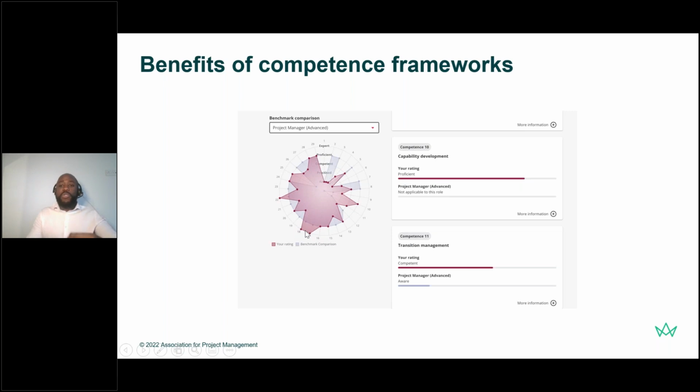But this is a great way as well to find out the skills you need to improve on and take a course in those skills to then show your employer, I took the APM competency framework. I saw that I needed help in my capacity development and I addressed it in this way. It gives you a perfect answer to that question of tell us a time you had a challenge and how did you overcome it. So take the competency framework assessment as well to see where you stand and see how you can improve.